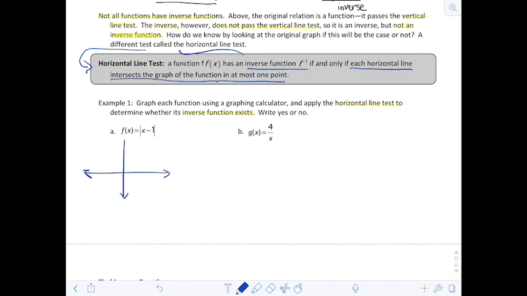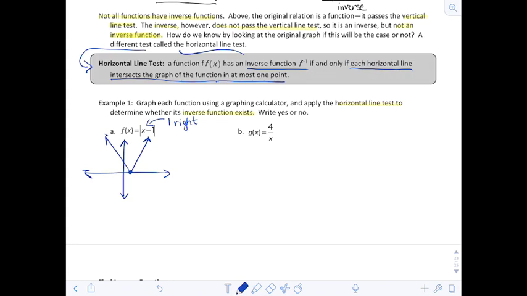So from our past experience in graphing these absolute values, I know it's going to be a V shape, but this minus 1 will shift that absolute value parent function 1 unit to the right. So I'm going to have a vertex here at 1, 0. And there's the absolute value of x minus 1.